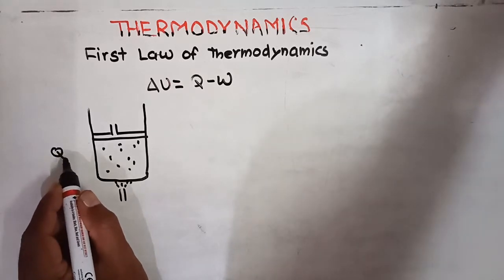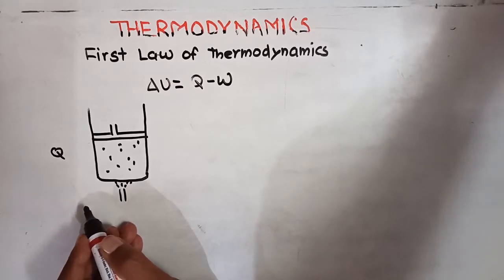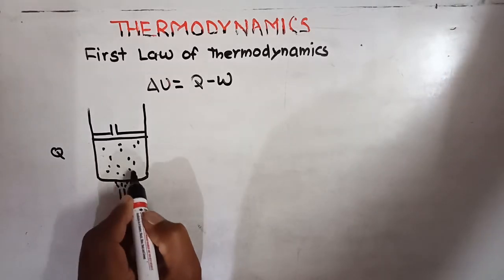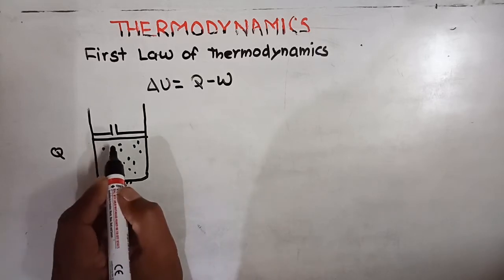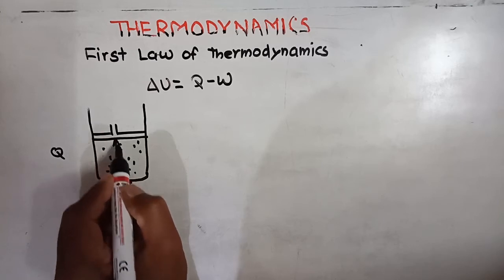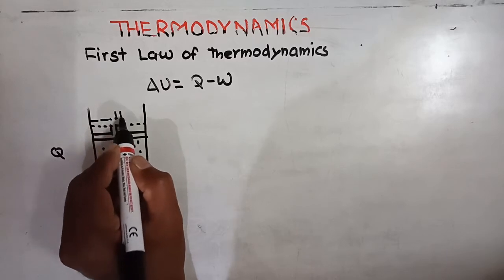Suppose Q is the heat added from the environment to the system, and when the gas absorbs this heat, its internal energy increases, its temperature increases, the gas molecules move with larger velocities, and that's why this gas expands. And when this gas expands, force is applied on this piston by the gas, and that's why the piston moves in the upward direction.